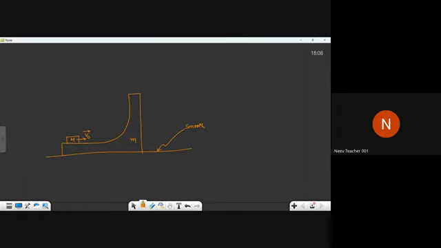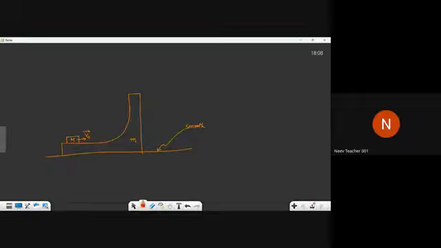Somewhere there will be a force or a component of force in the horizontal direction on small m. Initially there will be none, because it's almost a horizontal track. Let me show it in a different color. This is a horizontal track.